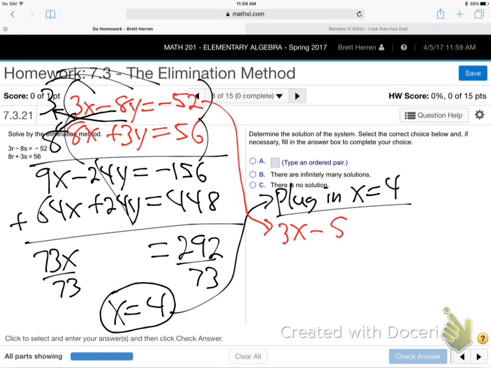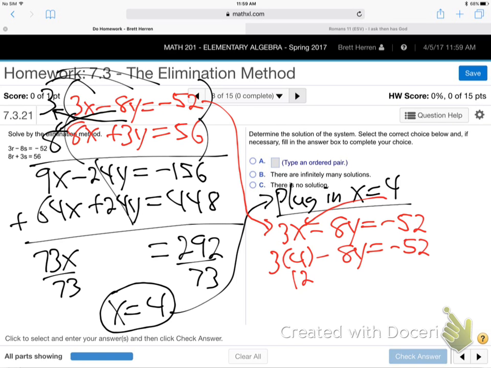3x minus 8y is minus 52. Plug in the 4. 3 times 4 minus 8y is minus 52. That's 12. These are a lot of steps. So then you got to solve. Subtract 12 from both sides. Cancels out. So minus 8y is minus 64.